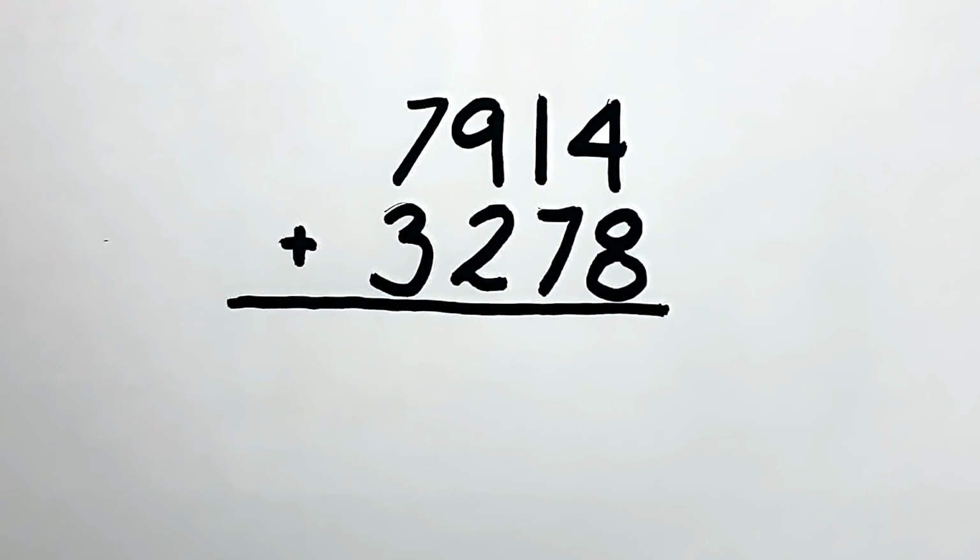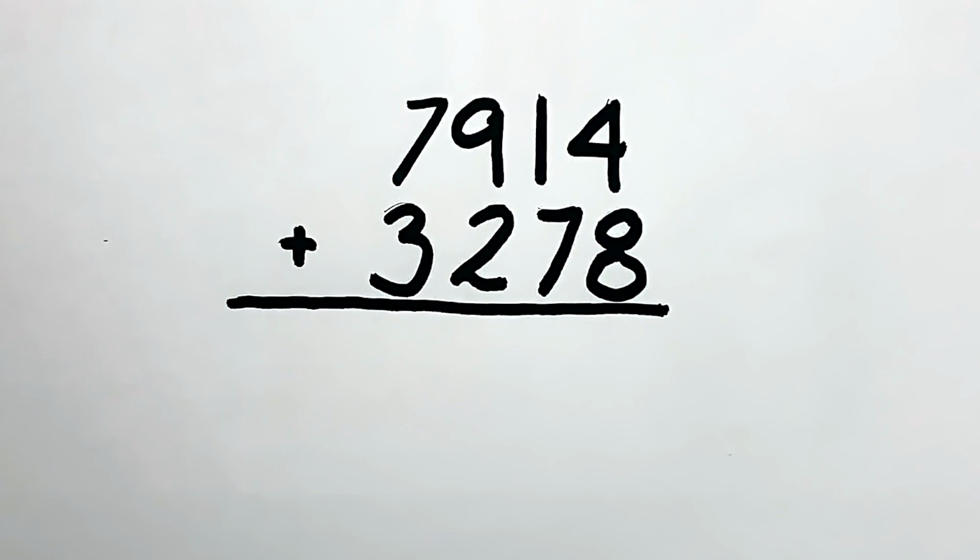Alrighty, everyone. Now, this is going to be a tougher addition math problem. But don't worry, we can solve this, right? In this case, we are dealing with an even number plus an even number problem, which more likely our answer is going to be an even number.